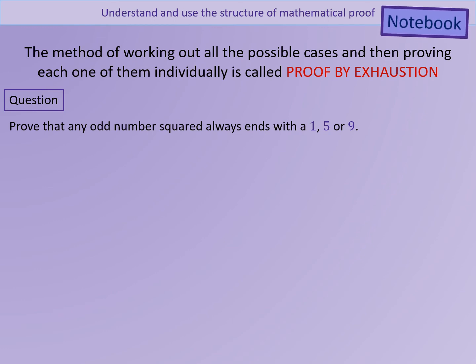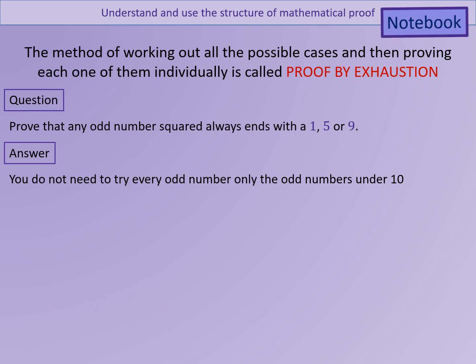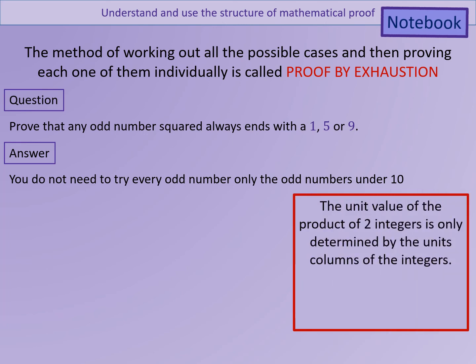So we're going to use a little trick, and we're going to use the fact that we don't have to try every odd number. We only have to try the odd numbers up to 10. So 1, 3, 5, 7, 9.